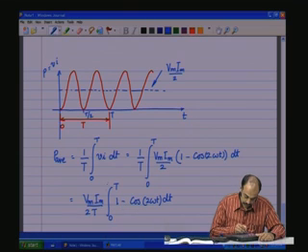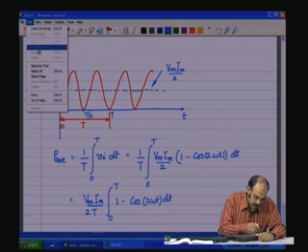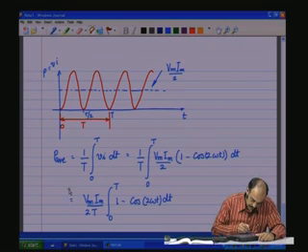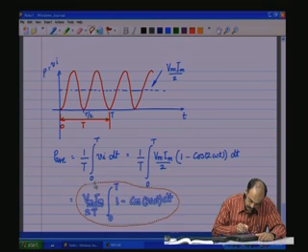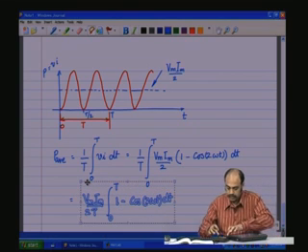Now, if you look at the integral of this, it is pretty straightforward.